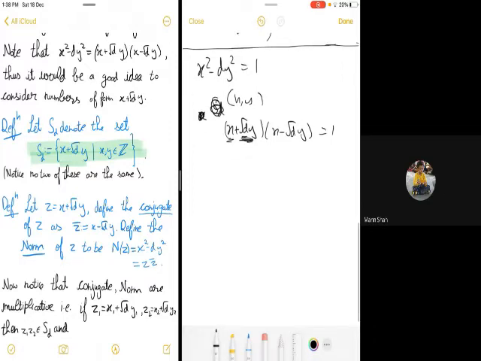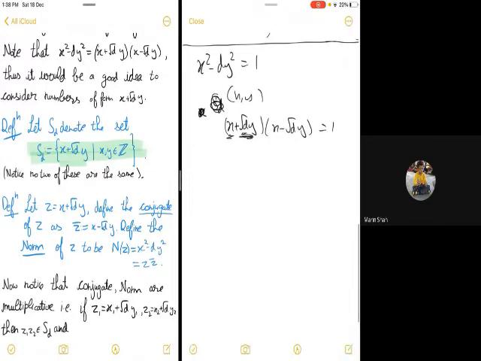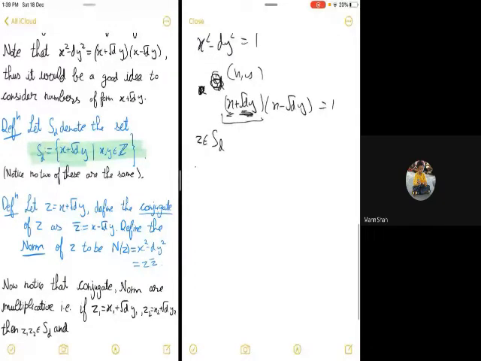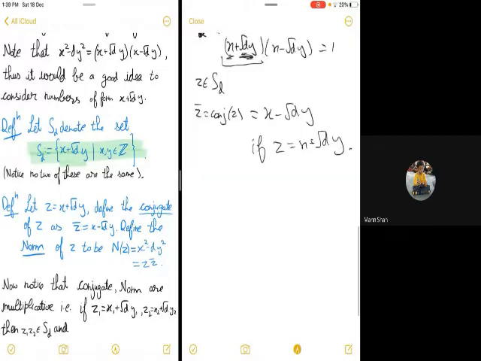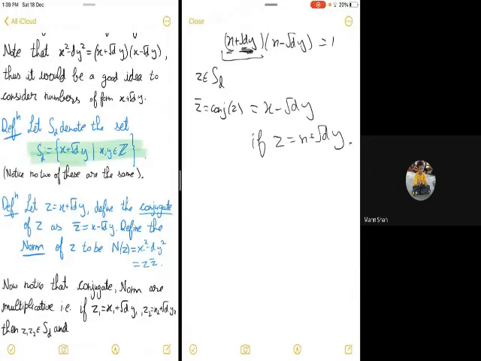So let's define something right now. If z is a real number belonging to S_d, which means z is of the form x plus root d y for integers x and y, then we define the conjugate of z as the most reasonable guess, x minus root d y, if z is x plus root d y. And we want to solve over z belonging to S_d, z z-bar equals 1.